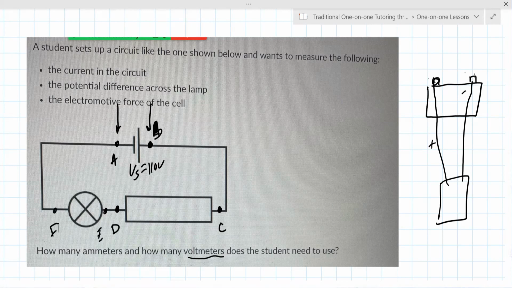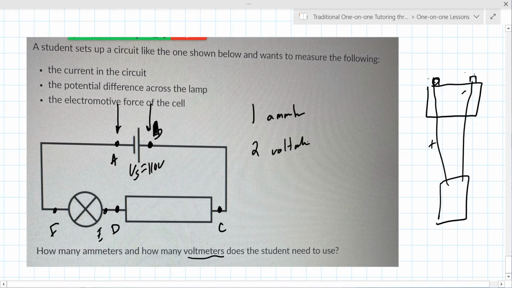Now the current in the circuit you get with an ammeter, and the current is the same because it's a series circuit. The current is the same throughout. So you only need one ammeter. And I guess that's why I'm leaning towards the answer of 1 ammeter and 2 voltmeters.